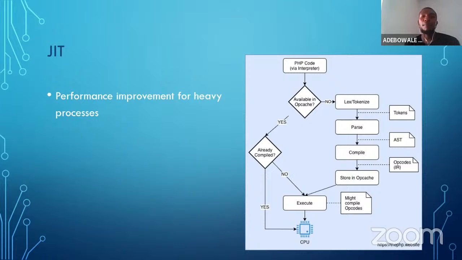For this aspect of the improvement in PHP 8, you don't have to do anything. And that is the reason why you have to upgrade your software from the older version to the latest version, because even without you making any changes to your code, it improves the performance of the code you already have. This one is not breaking your code. You don't have to do anything. Just upgrade to PHP 8, and there's an increment in the performance of your code.